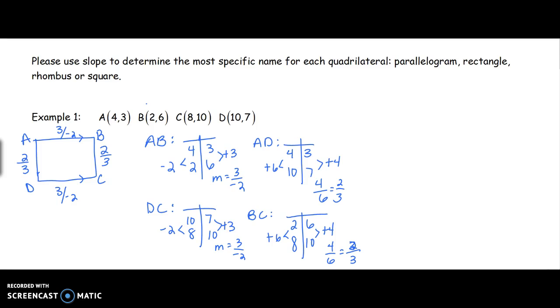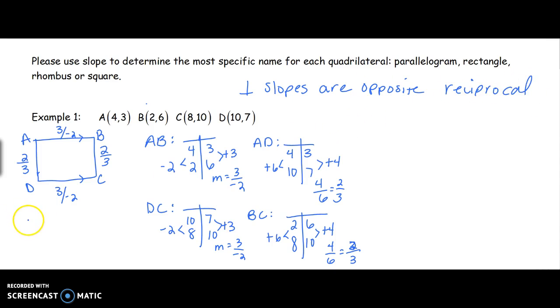Because the first thing we have to do is see if our sides are perpendicular. And perpendicular slopes are opposite reciprocal.